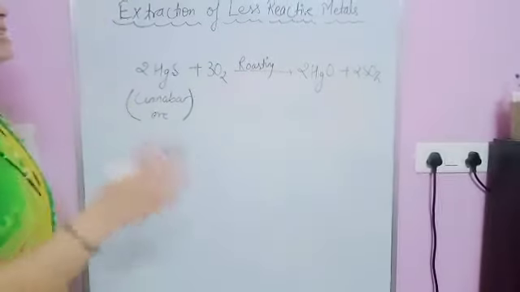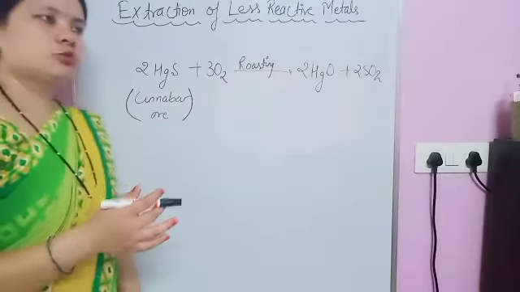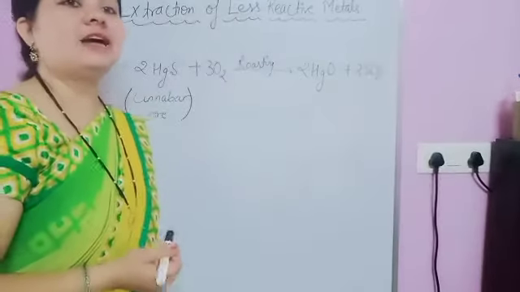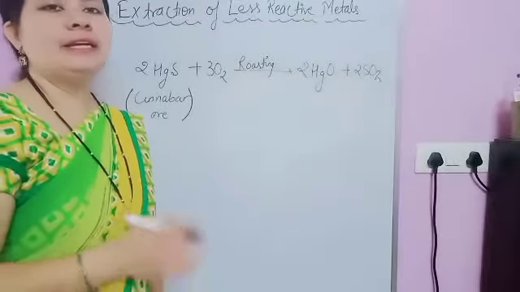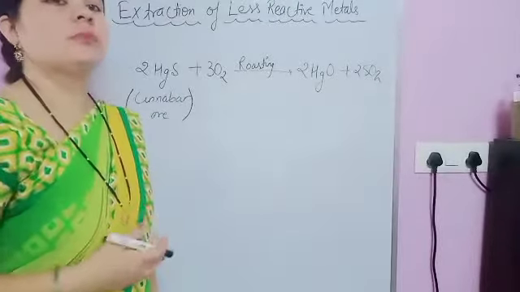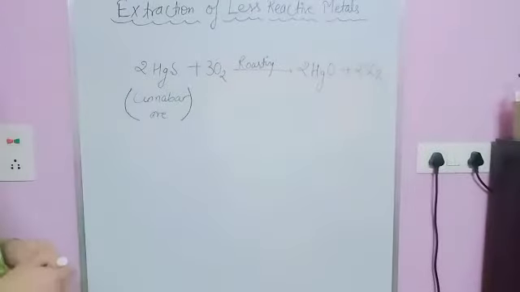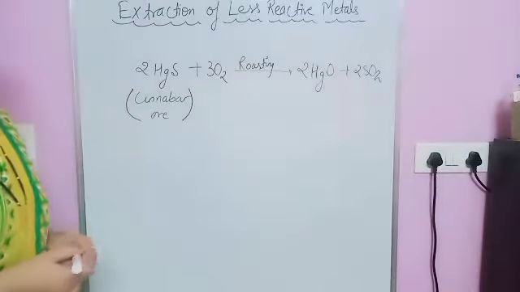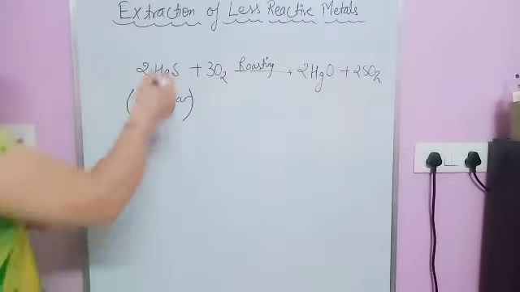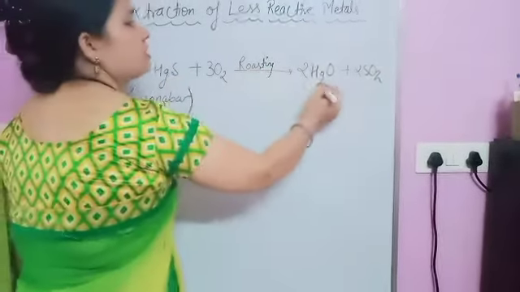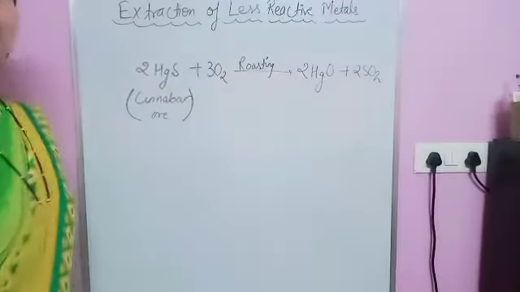Now just see what happens in this case. As I told you, their oxides are directly converted into metal simply by heating. How will reduction happen? Simply by heating. First of all, whether it is mercury or copper, they occur as sulfide ore, and first they are converted into oxide ore.